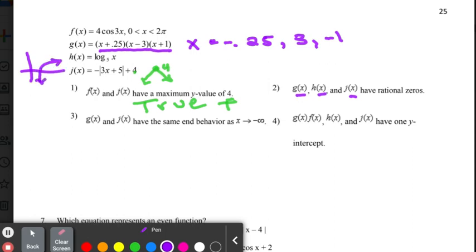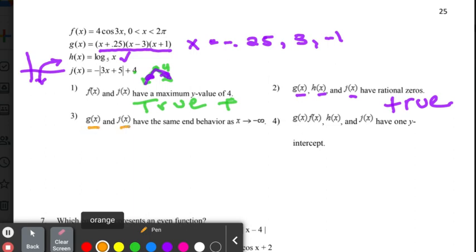Graph looks like that. If you look on your tables, this does have a rational zero. And j of x, if you graph this and you check the zeros, these are also rational. This is true. Number 3, let's go to orange.